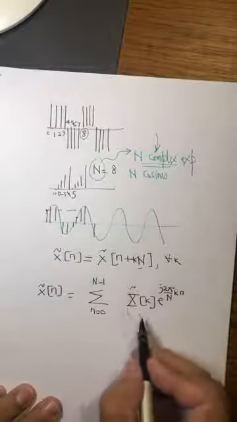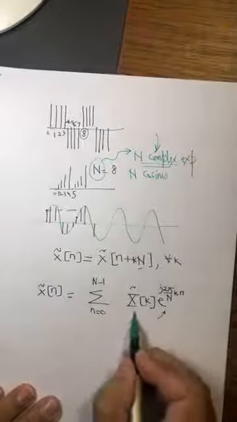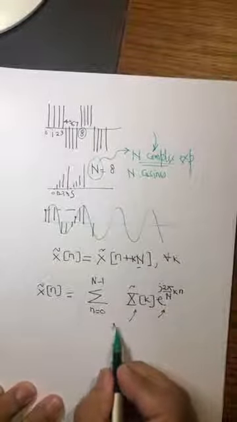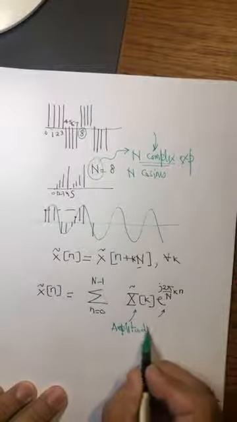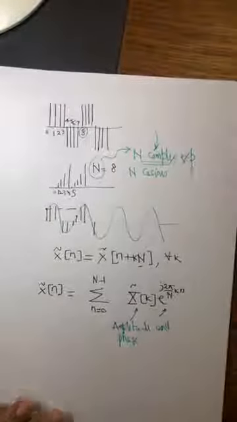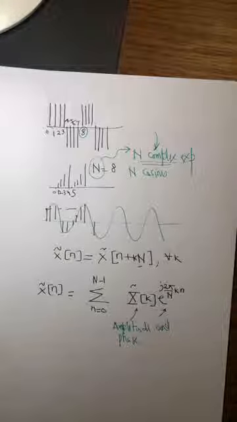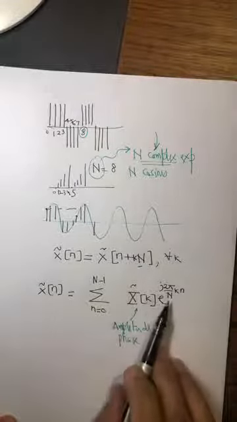These are the exponentials, and this is the amplitude, because it's a complex number, amplitude and phase of each. So all I am saying is that there are going to be N complex exponentials.